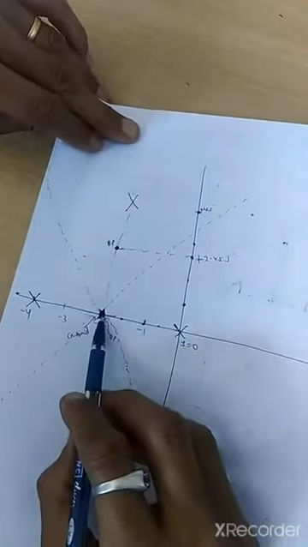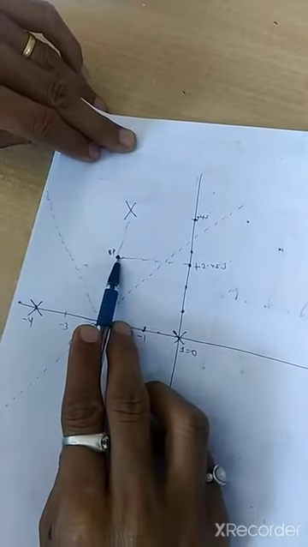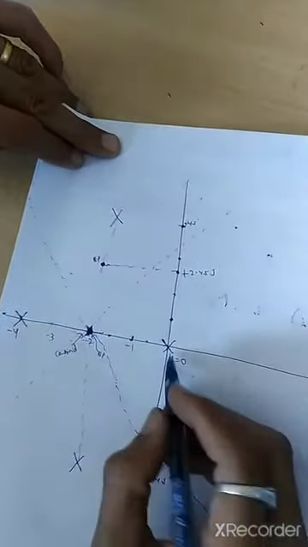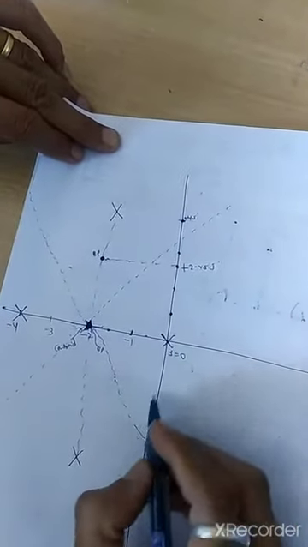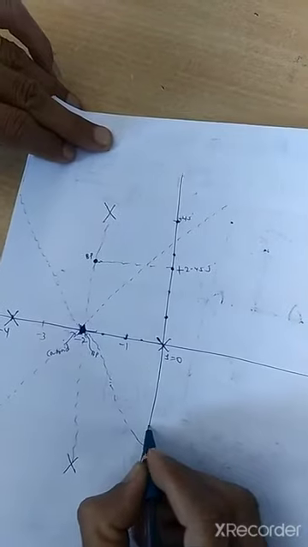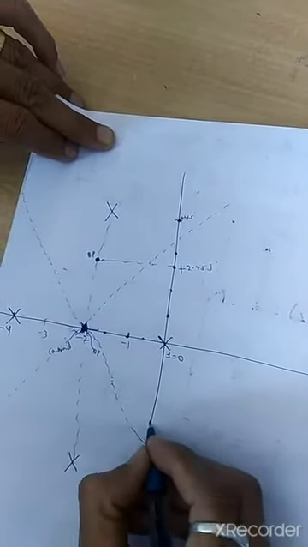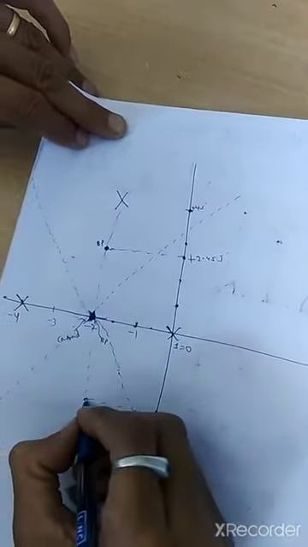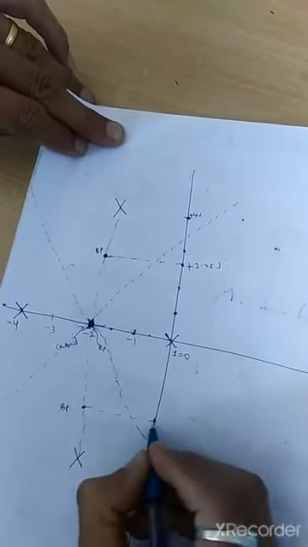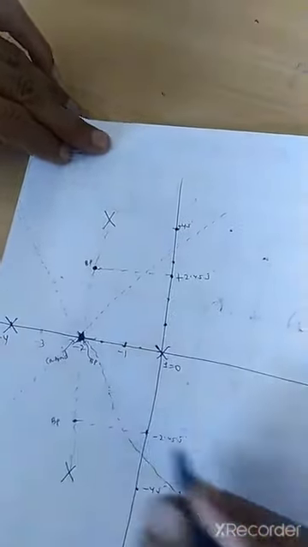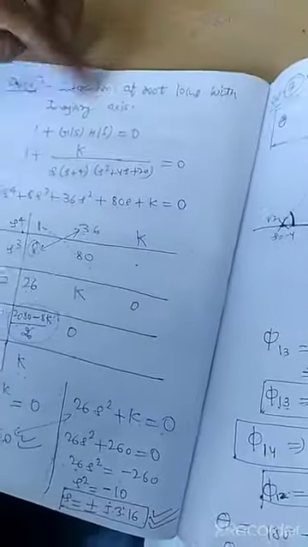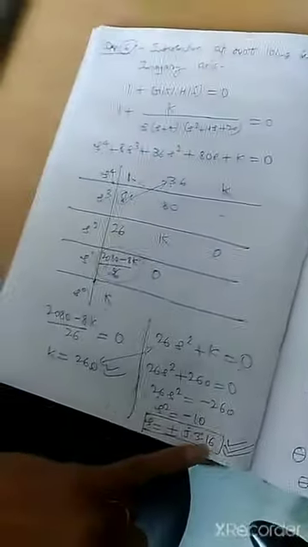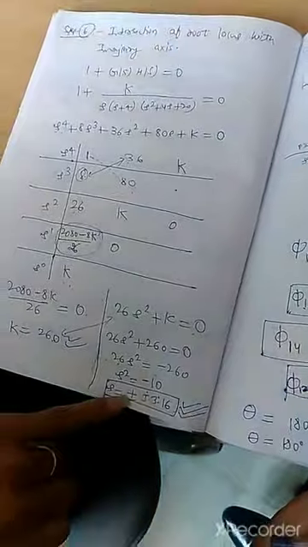Okay, so one breakaway point at minus 2, one breakaway point at minus 2 plus 2.45 J, and one breakaway point at minus 2 minus 2.45 J. Let's suppose this is one more breakaway point, and this is the second breakaway point, that is minus 2 minus 2.45 J. And I know the step number 6 answer, the intersection of the root locus with the imaginary axis, that is plus J 3.16 and minus J 3.16.